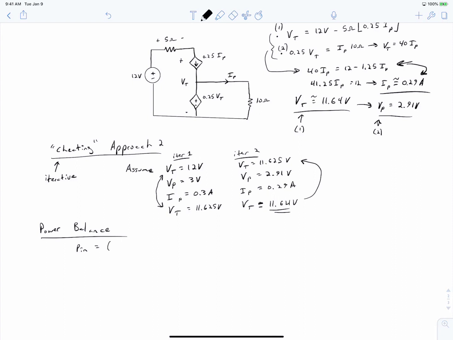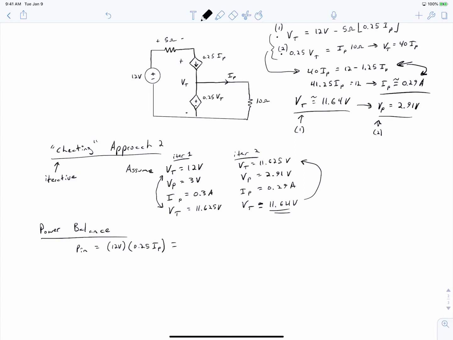Our source voltage is 12 volts, and our input current is 0.25 times IP. If we calculate this, we find that we have 873 milliwatts entering our circuit.